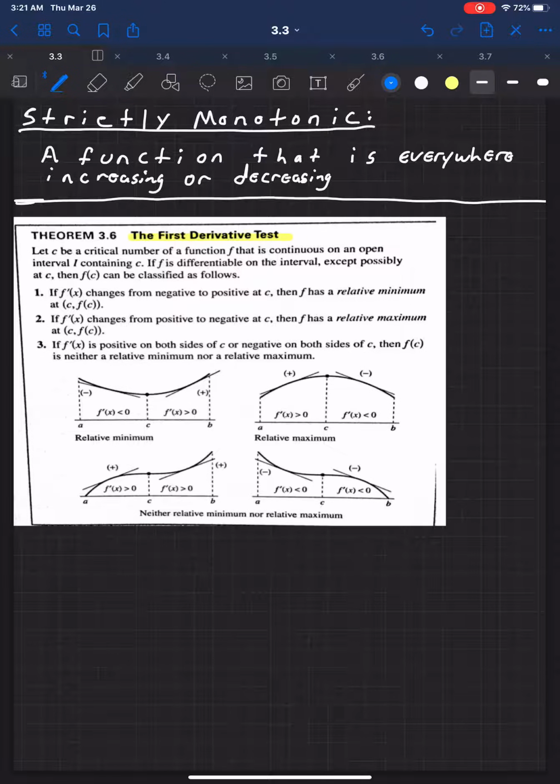If you find some value C, if all the x values to the left of C have a negative slope, and all the x values to the right of C have a positive slope, that means your slope went from negative to positive. You can't go from negative to positive without crossing zero. And when a slope is zero, we're going to find our relative minimums and maximums.